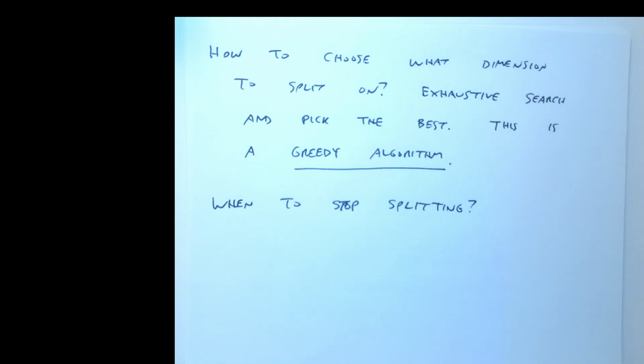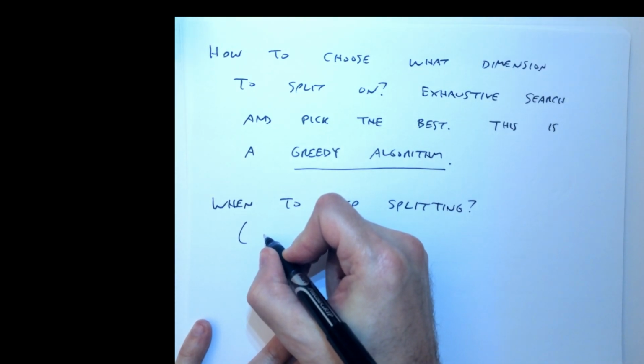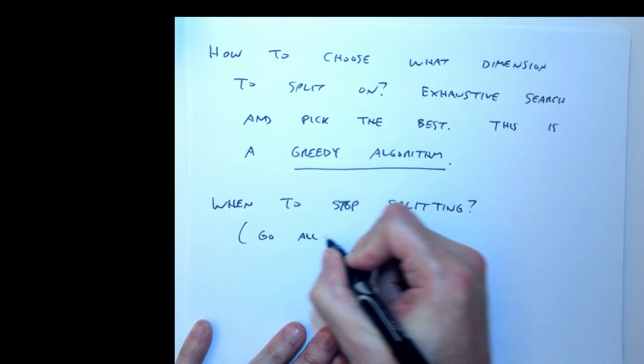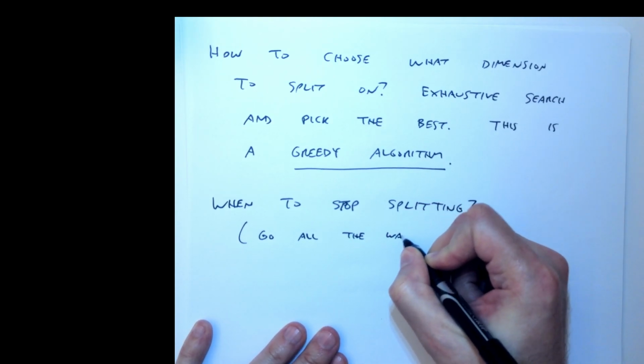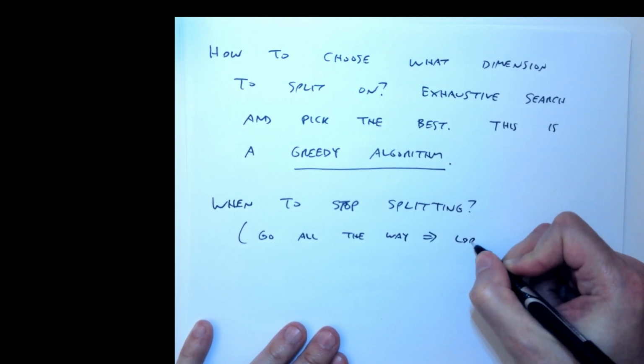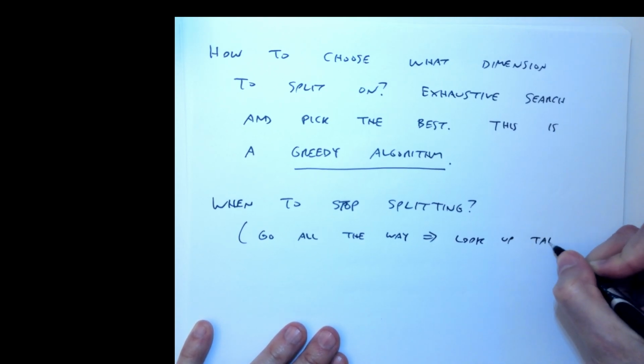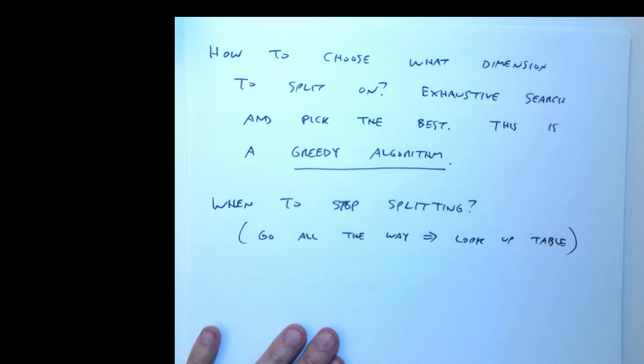So you may sacrifice 100% accuracy on the training set for having a more compact decision tree, right? So let me just say that, if I go all the way, then fundamentally what you have is a lookup table, right? Because you're putting every point in its own little box, right? Which doesn't make a lot of sense. So that's extreme overfitting.